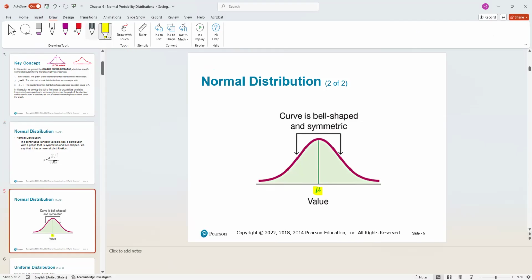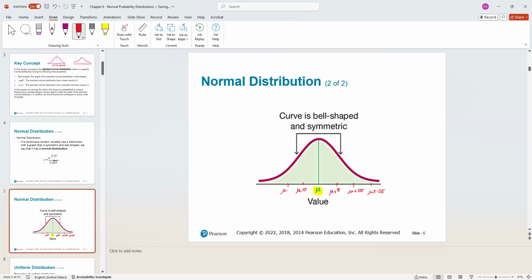And of course, as I said before, we can move one standard deviation above the mean, mu plus one standard deviation, mu plus two standard deviations, mu plus three standard deviations. If you missed something about the empirical rule, I strongly advise you to go back and watch the previous videos.